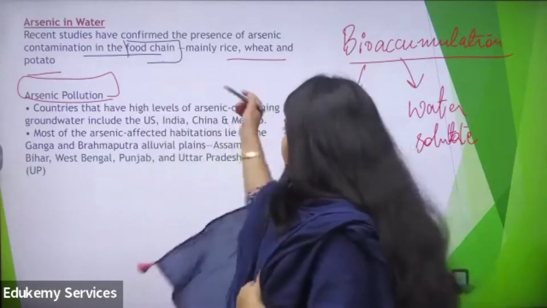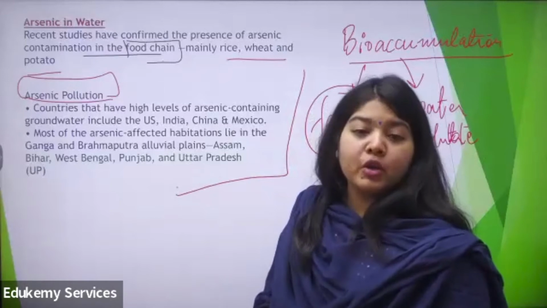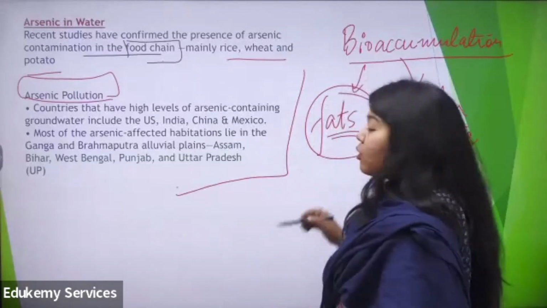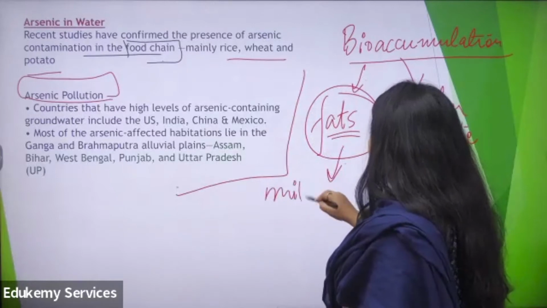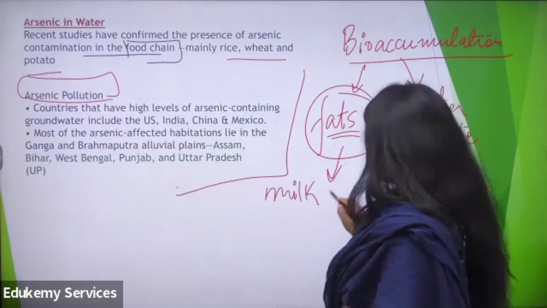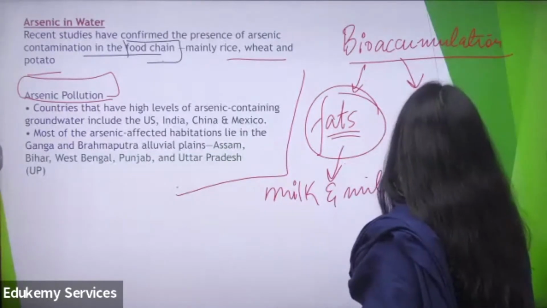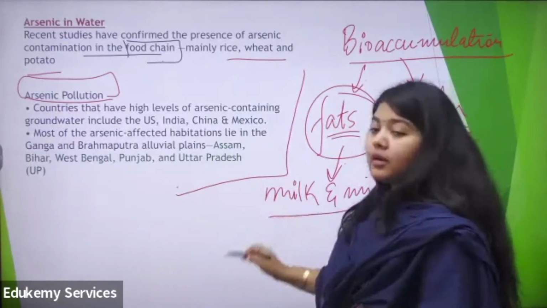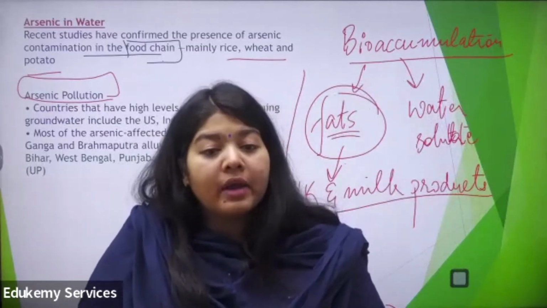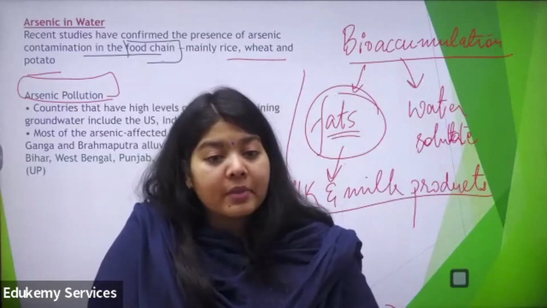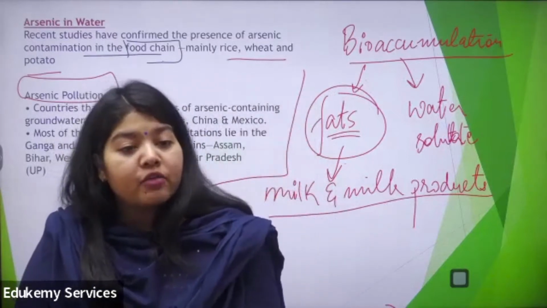Now, keeping this aside, was this property of storage of pollutants in fats responsible for milk and milk products from India being rejected by the UK? The milk and milk products sourced from India were rejected by the United Kingdom and the European Union. Why? Because there were chemicals found. Are milk and milk products nothing but fats?